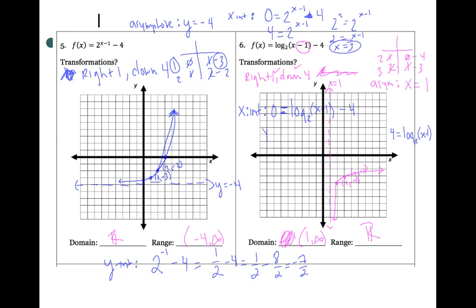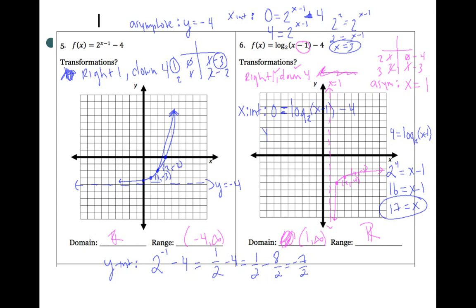And now I'm going to change this to an exponent, right? So the exponent that turns 2 into x minus 1 is 4. So 2 to the power of 4 is going to equal x minus 1. 2 times 2 is 4, times 2 is 8, times 2 is 16, equals x minus 1. If you add 1, 17 is x. So your x-intercept is going to be all the way down there at 17. It will eventually get there, though.